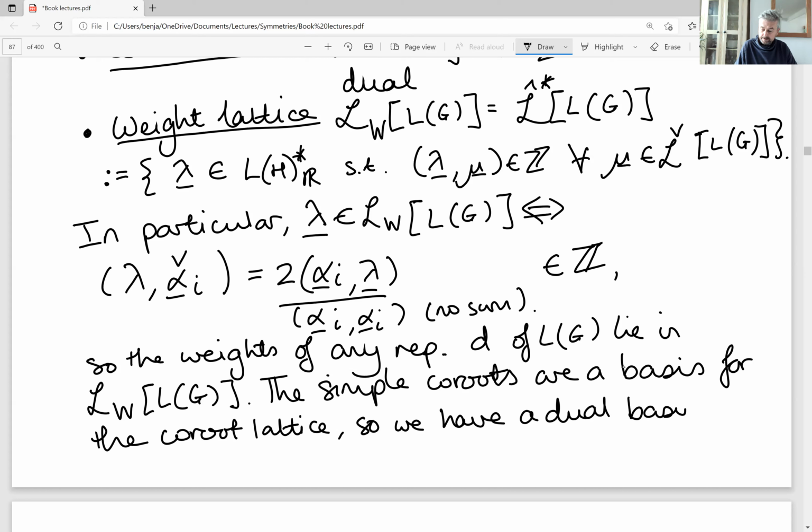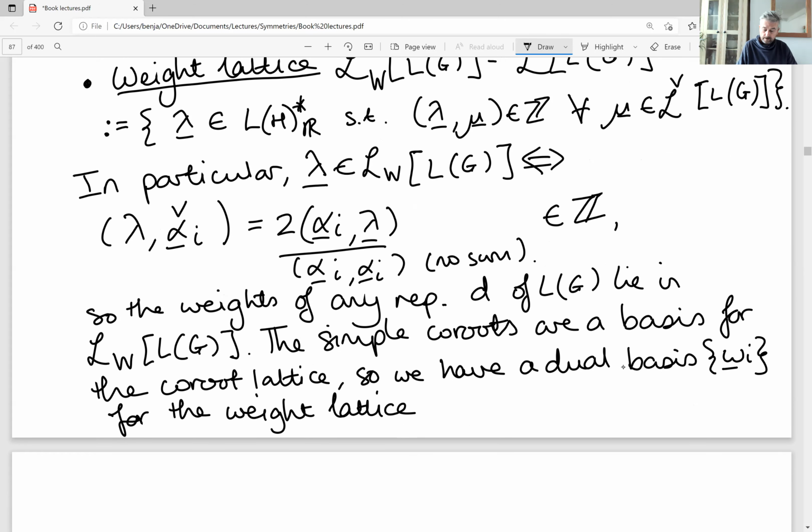I'm going to call this dual basis the set of all w_i's.